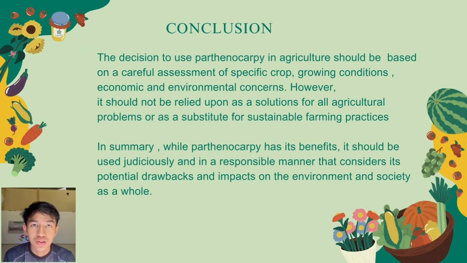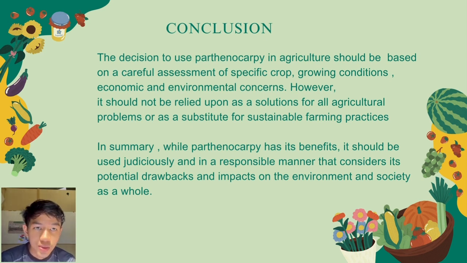The conclusion: the decision to use parthenocarpy in agriculture should be based on a careful assessment of specific crop growing conditions, economic and environmental concerns. However, it should not be relied upon as a solution for all agricultural problems or as a substitute for sustainable farming practices.